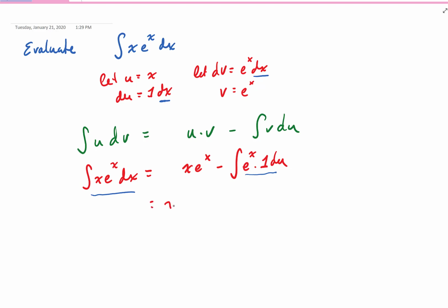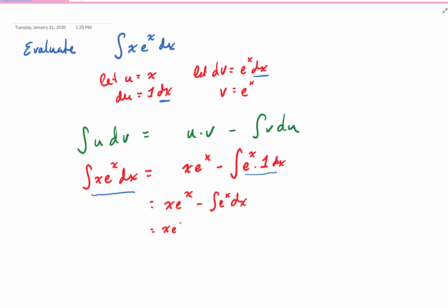So we end up with x e to the x, just finishing this out, minus the integral of e to the x. And I'm sorry, I made a mistake here. Folks, I wrote du. That should have been a dx, so you can correct me. Dx. And so all I did there was simplify the 1, but the point is now it's even clearer that this new integrand is easier to find an antiderivative of than the original.